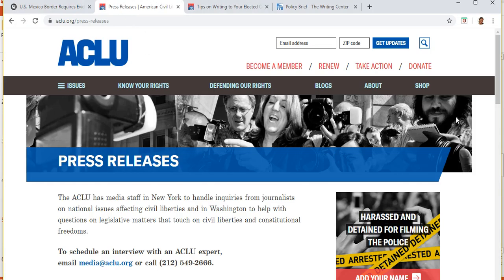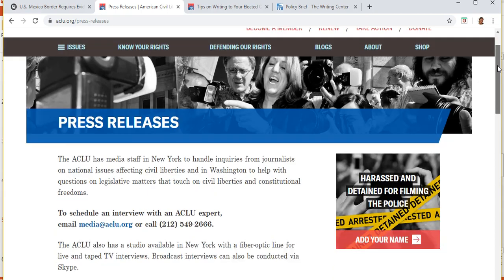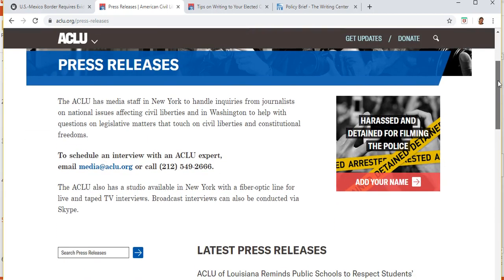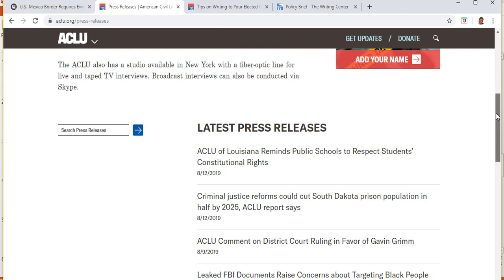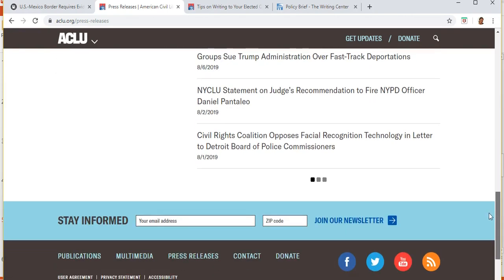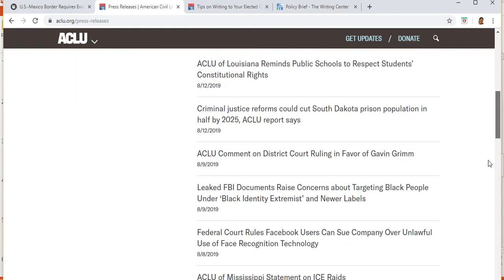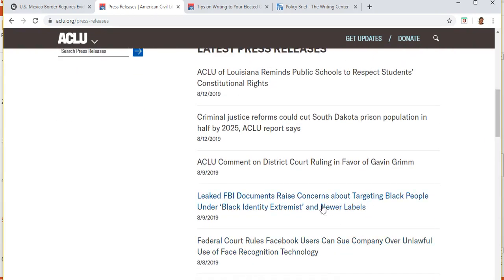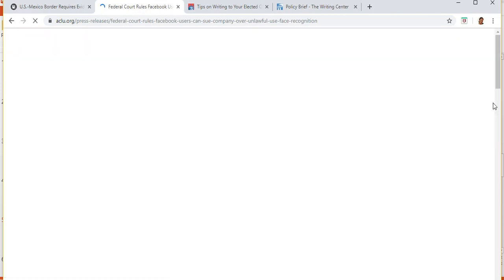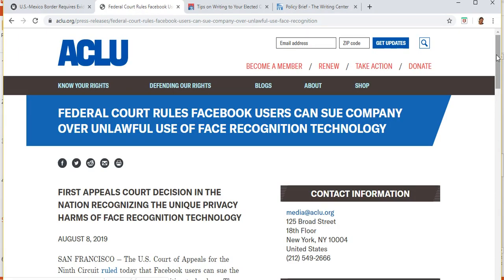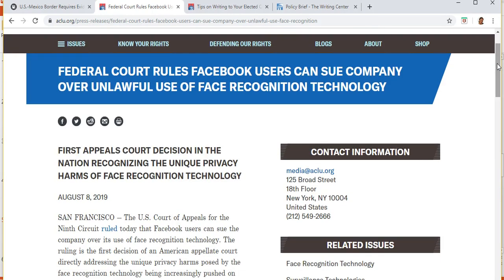And then another example is through the ACLU, the American Civil Liberties Union. They have a list of all of their press releases from current times, so you can certainly go to their website to double check other options for different things that they are working on, different campaigns and lawsuits that are going on, because they're great examples of press releases.